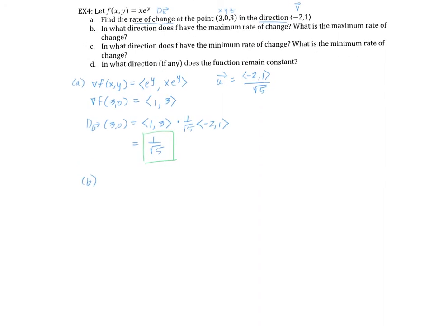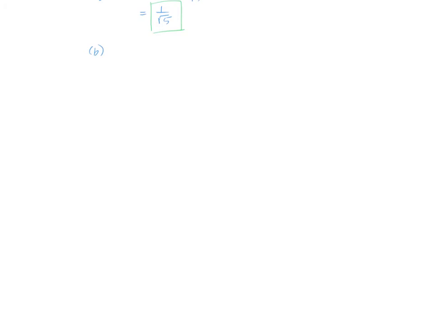Part B says, in what direction does f have the maximum rate of change? Well, we're just going to use our previous theorem. The maximum rate of change occurs in the direction of our gradient vector. So what is the maximum rate of change? It's its magnitude. So if we look at the gradient vector evaluated at the point (3, 0), that was the vector (1, 3).